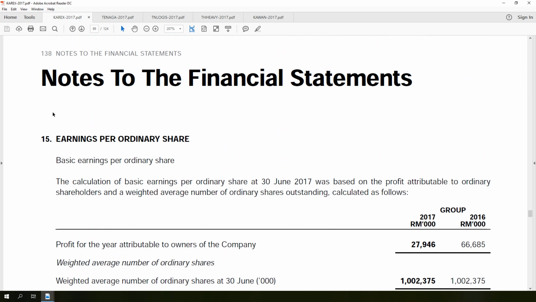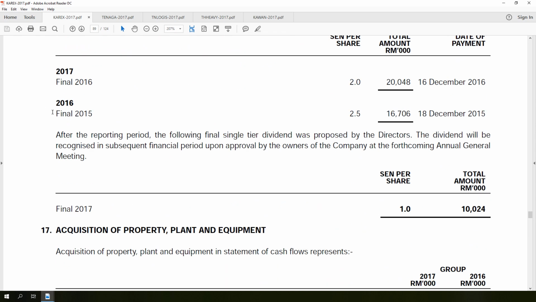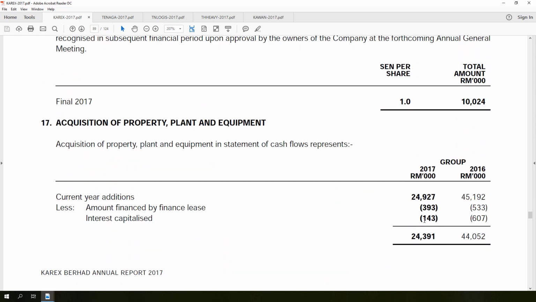To reflect Capex properly in the cash flow statement, Karex removes 143,000 from the additions. 24.391 million is the Capex, not 24.9 million. Not many companies disclose this calculation in the footnote.